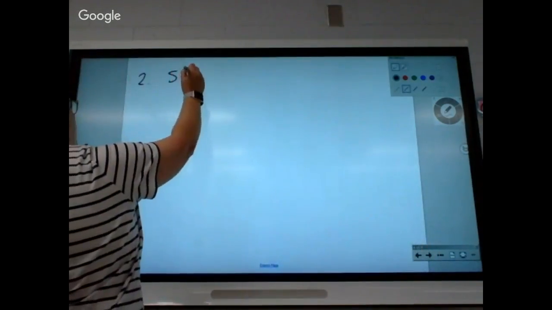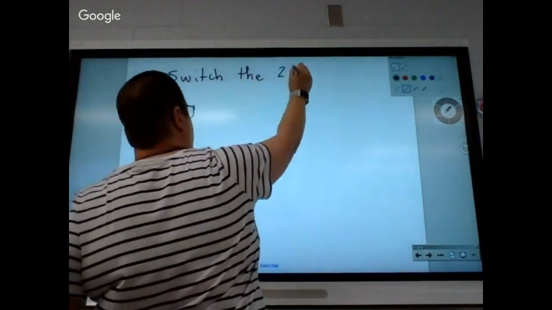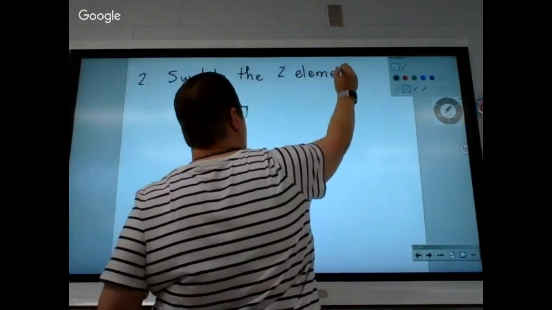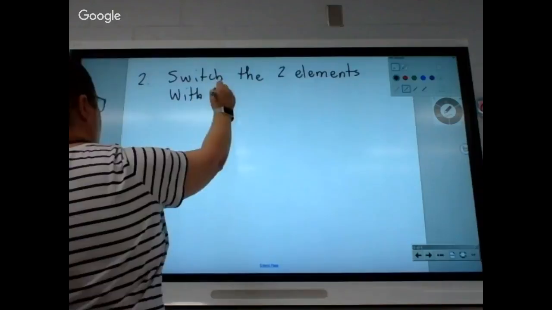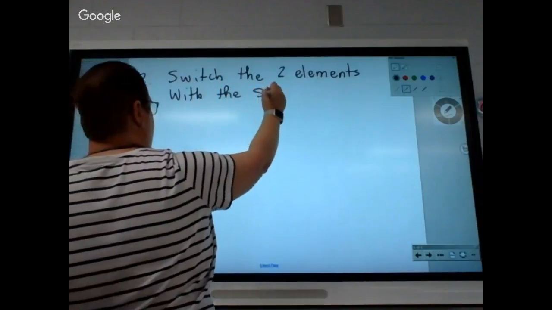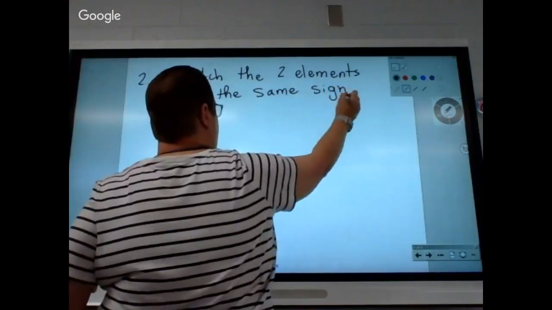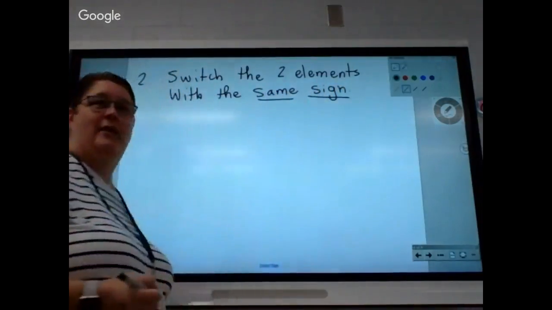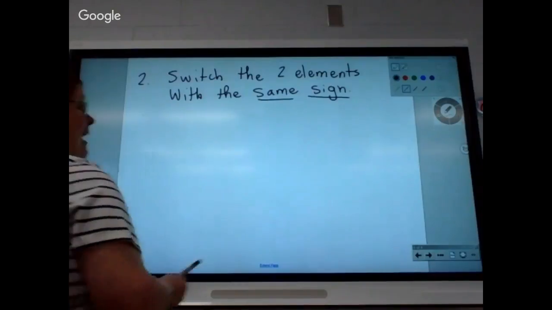We're going to switch the 2 elements with the same sign. Either both positive or both negative. They won't both be positive and both be negative. Somebody will be the same. Okay? So we're going to switch the 2 elements with the same sign.